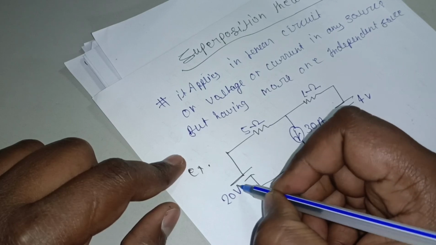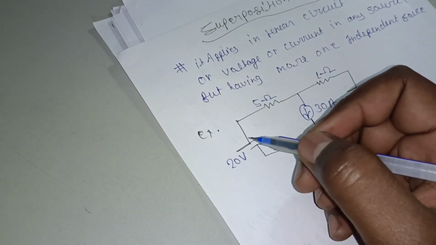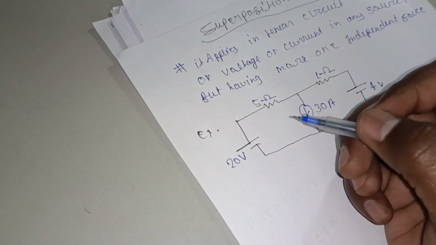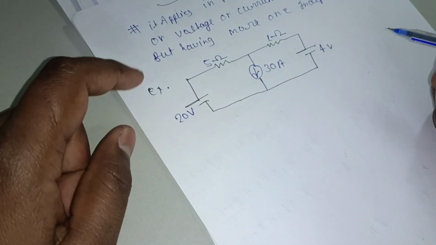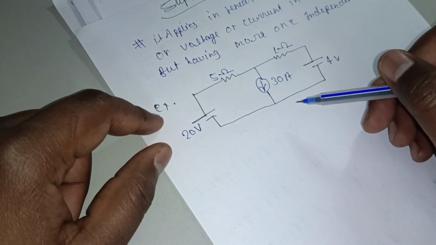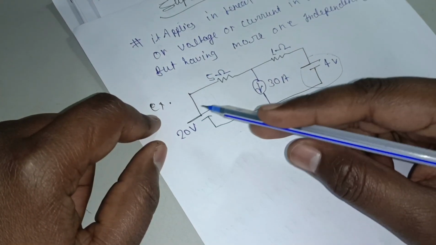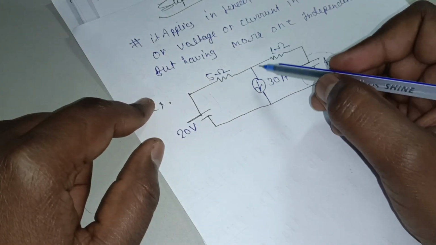This is 20 volt. Okay, so simply we have to first of all short circuit. We will short circuit this one, then this one, and we will be able to find the current flowing through it.